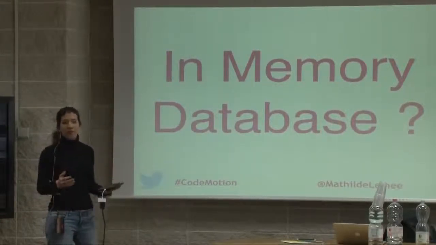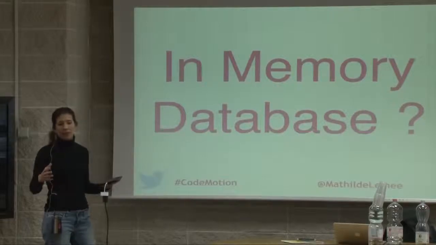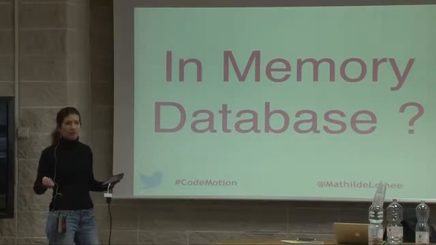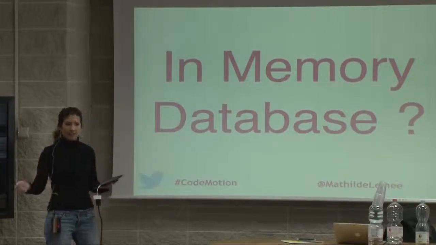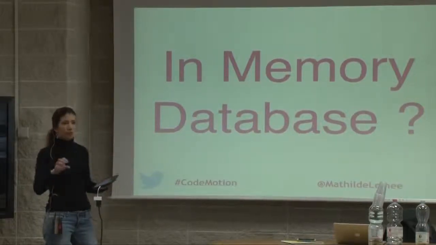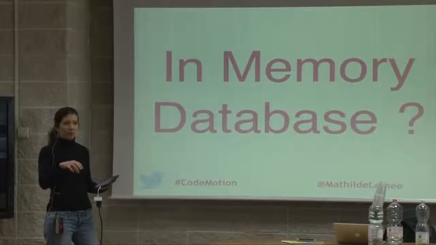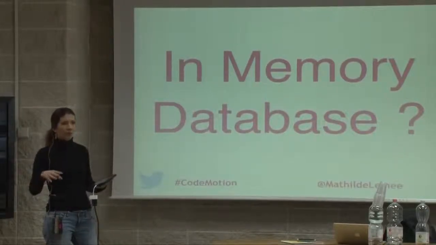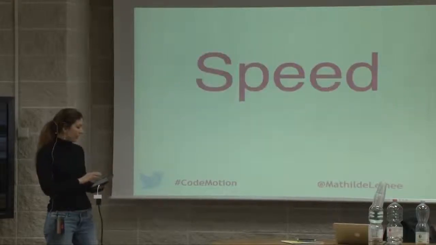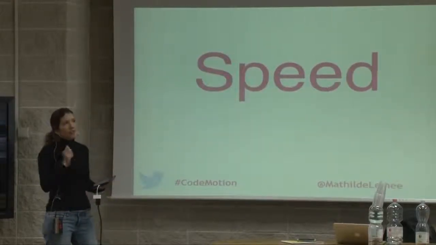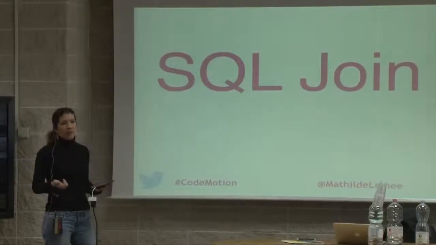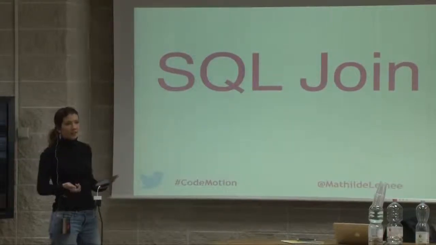What's cool with them is that if you have an old program written with Oracle or Postgre or MySQL, you will be able to remove your old database and put it in memory. It will be kind of easy, because an in-memory database gives you speed since it's in memory. It also gives you SQL because normally it respects the SQL norms.